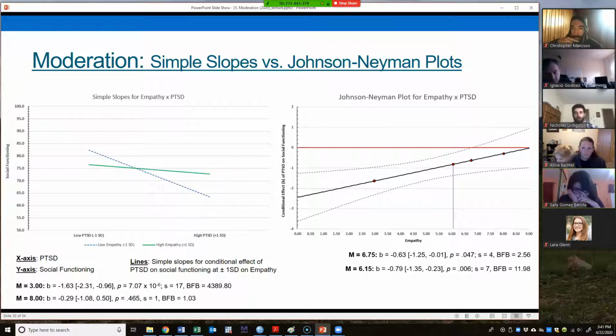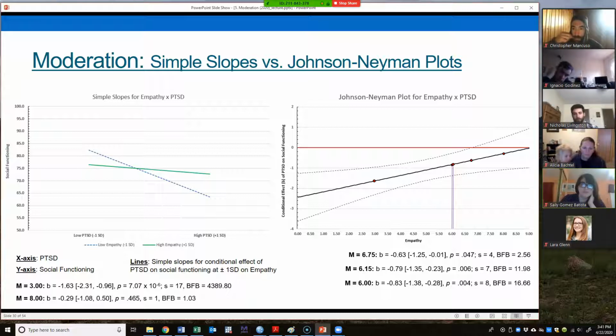Okay? But then maybe I say, well, I don't like 6.15 because 6.15 isn't a real value of my moderator. This is 0 to 9, in whole number increments. So what is it at 6? Well, at moderator value equals 6, really close, but here's my effect. And so I might say, all right, for levels of 6 or below, I have evidence for a unique effect of PTSD on functioning.